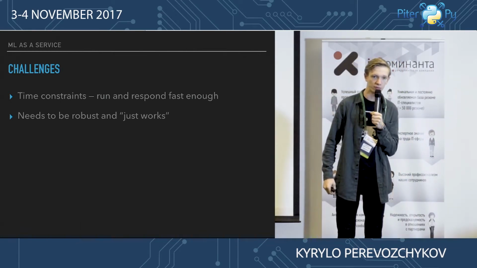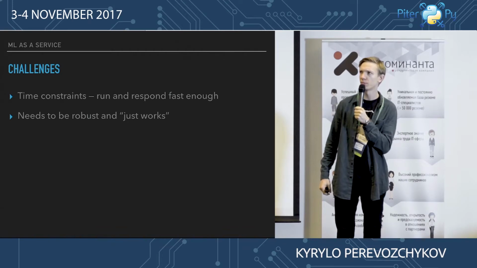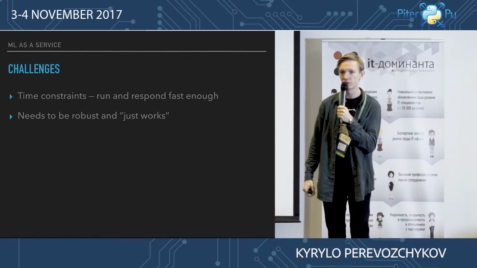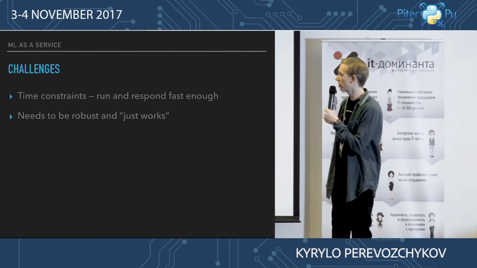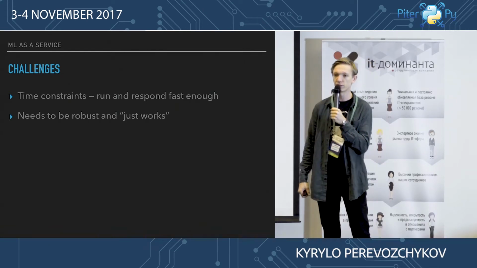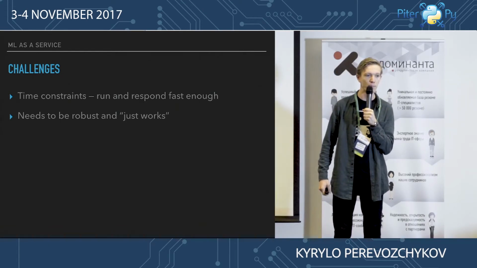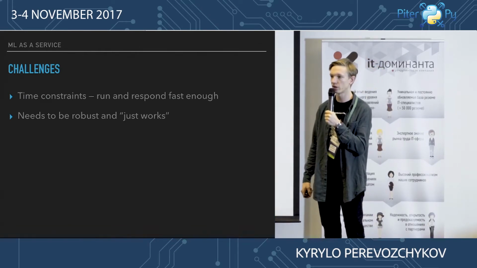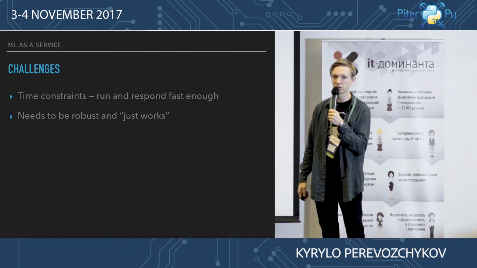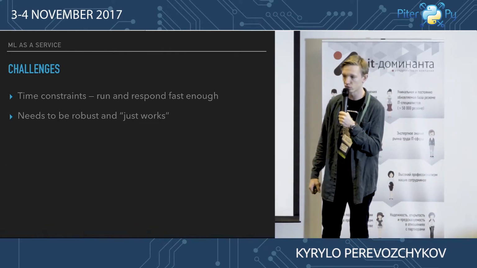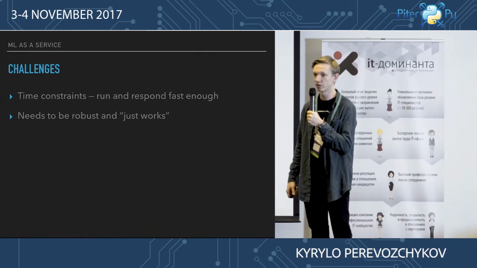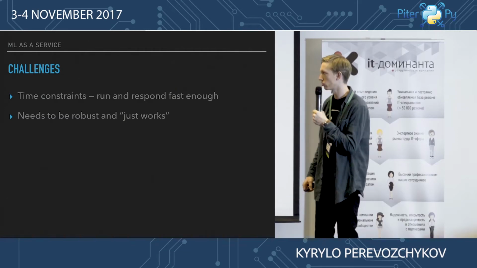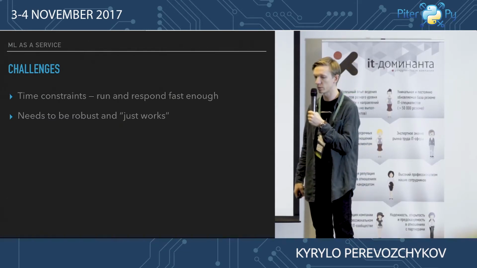There is a principle described in the pragmatic programming book, and the principle is called good enough software. That is to say, we need to respond fast enough. We don't need to have 15 milliseconds in response from our server to reply which vacuum cleaner we want to buy next.